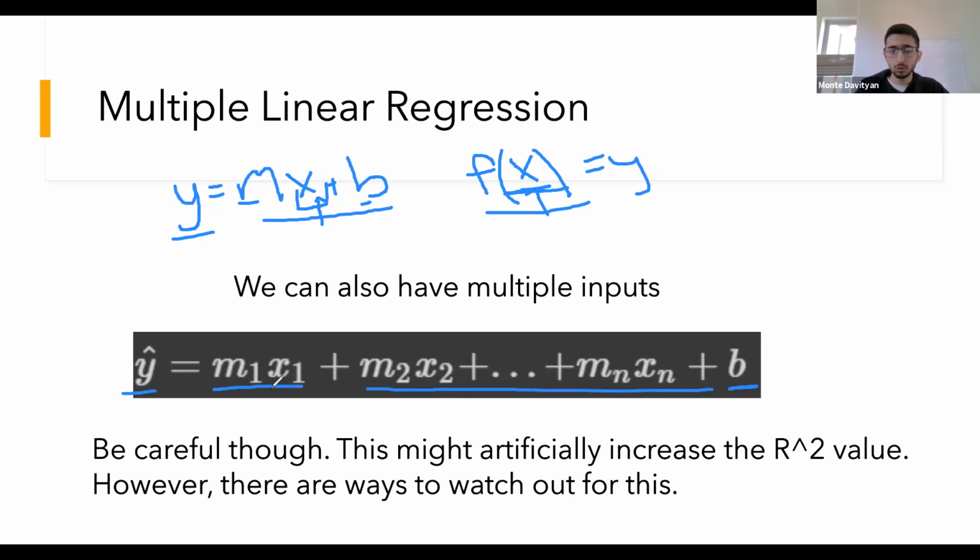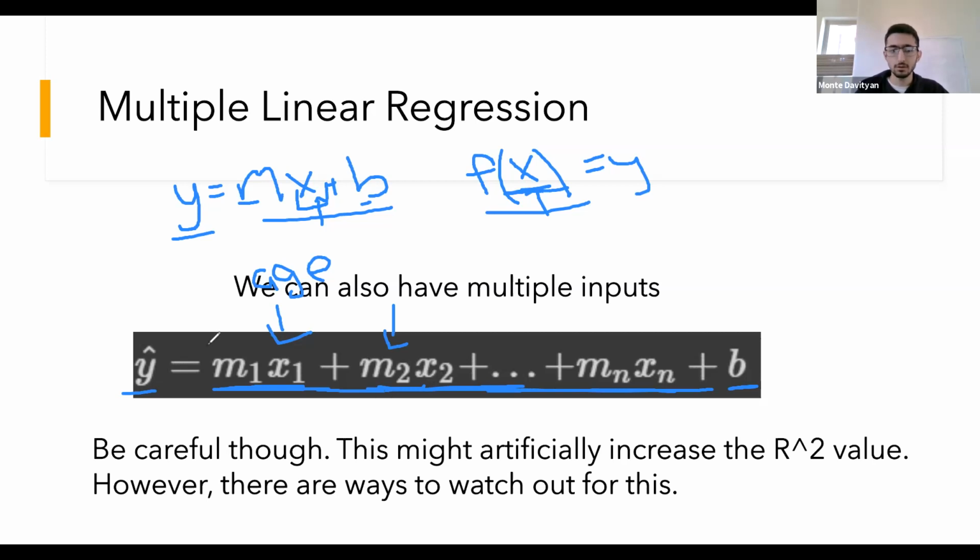The reason we have these multiples is because each of these is some variable, some feature. Maybe m1 x1 is age, m2 x2 is education level, let's say. And you can have as many features or variables as you want. We have to be a little bit careful, but linear regression does support this.